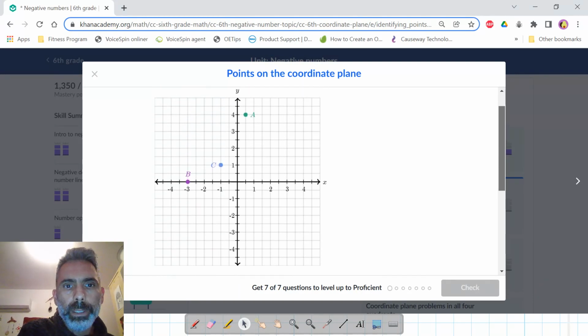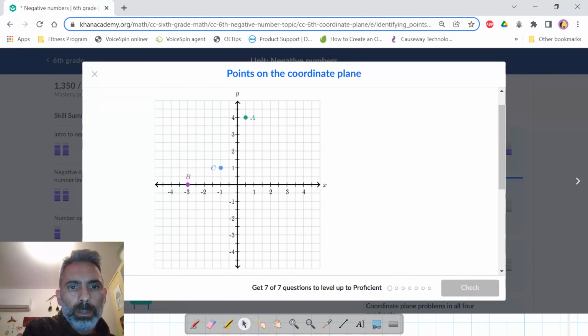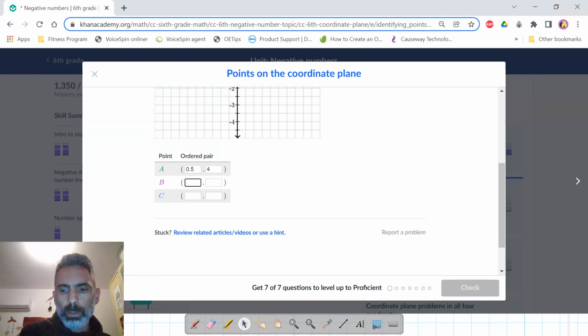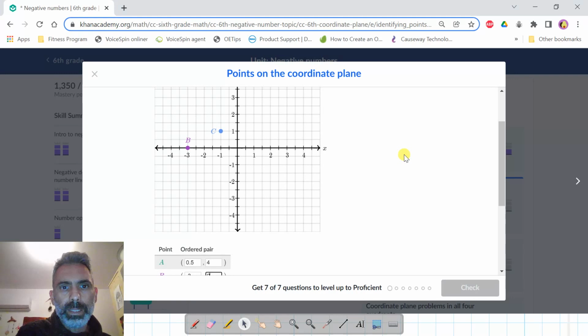Okay, B is -3 on the x and 0 on the y. So (-3, 0). And point C is -1 on the x and 1 on the y.